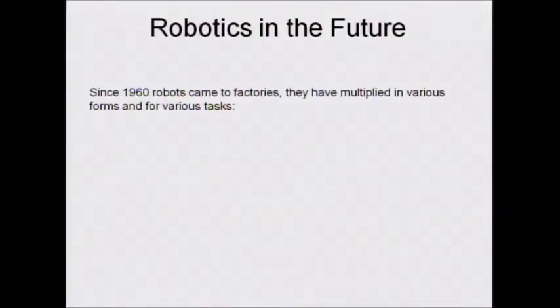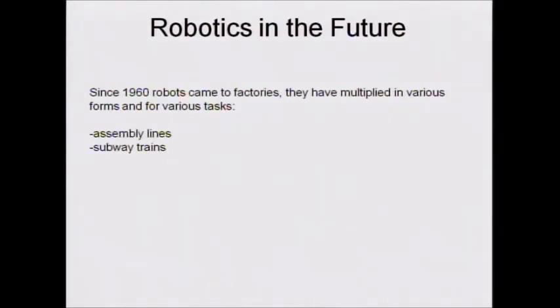So I'm going to conclude by talking a little bit about where I see robotics in the future. I explained to you that since the 1960s, robots have been used in many, many areas. We showed robots in assembly lines.